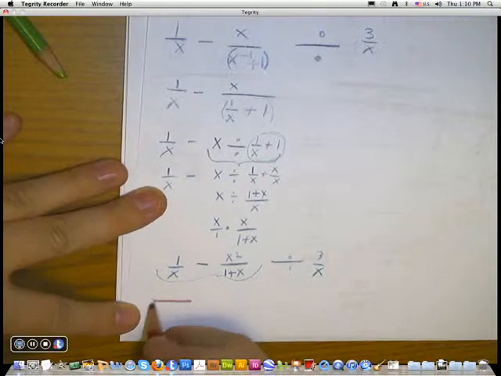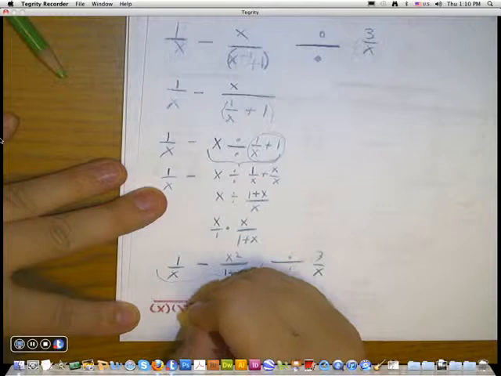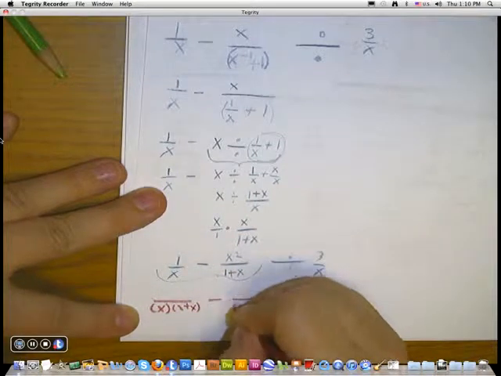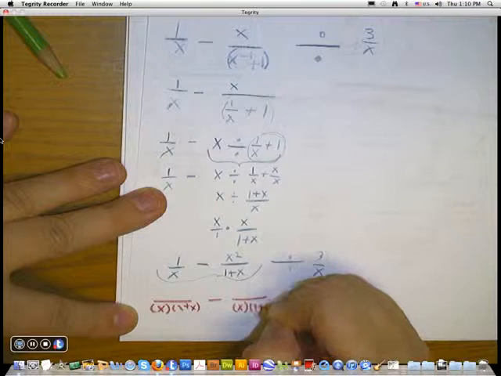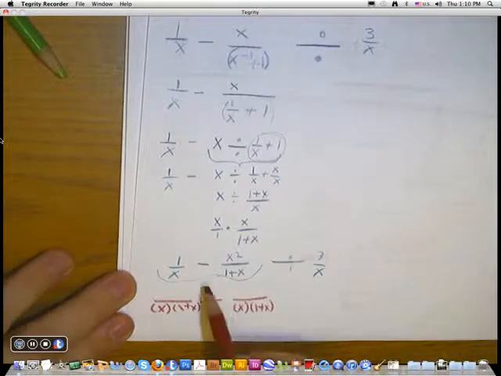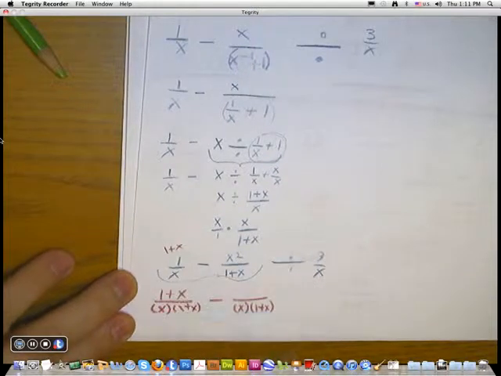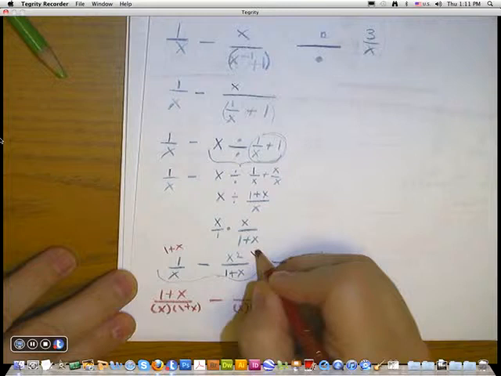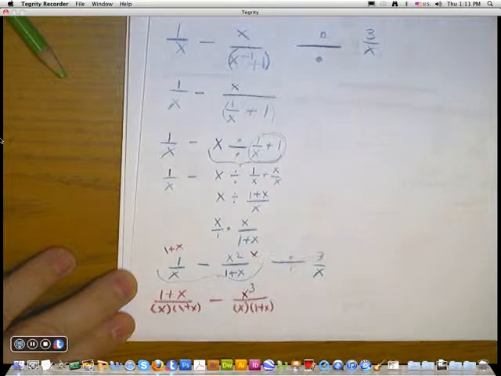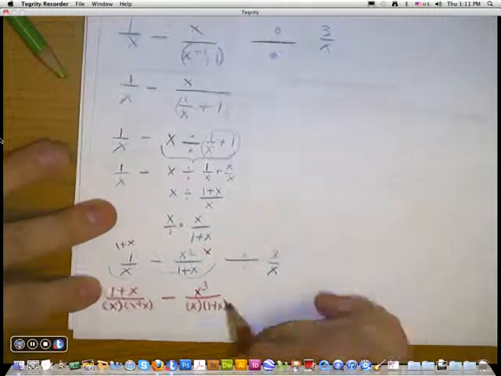So the one fraction is going to be x and 1 plus x. Okay, this one is missing the 1 plus x, so there it is, and this one is missing the x. I'm going to come up over here to the side.